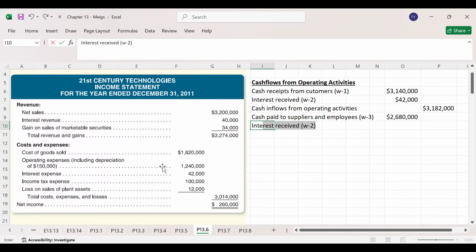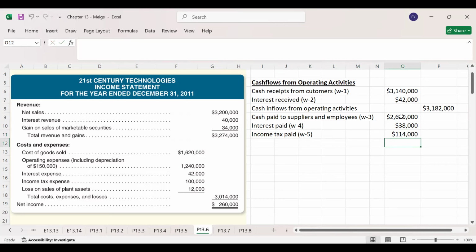So interest paid in working 4 is total interest paid, which is 38,000, and then we paid income tax, which we have calculated in working 5, it's total $114,000.